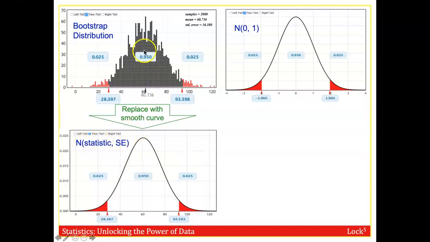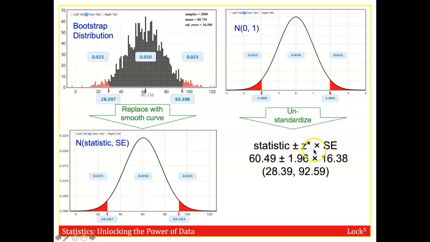What I was saying is we're replacing the bootstrap distribution with the normal with the same mean and standard error. But then we use that to see that with this process of unstandardization, what we really just need are the multipliers corresponding to the level of confidence. So we move to the standard normal for the sole purpose of grabbing that multiplier, that z-star value that we need. And then we unstandardize.